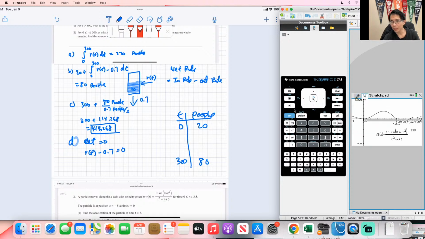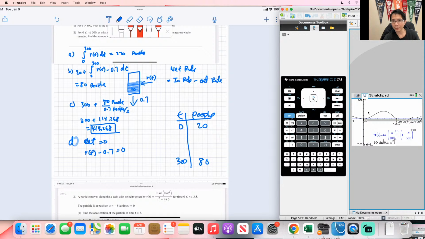Okay, so I'm going to do a tab. I'm going to create a function. I'm going to go up to this one and press enter. I'm going to graph it. The graph is going to come out to be something like this. Now, why do I see this and you don't?